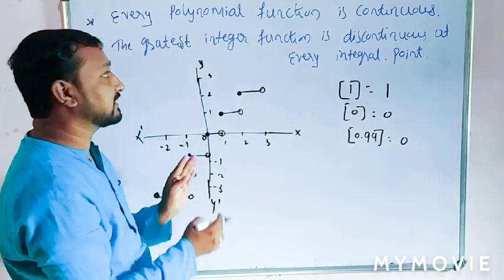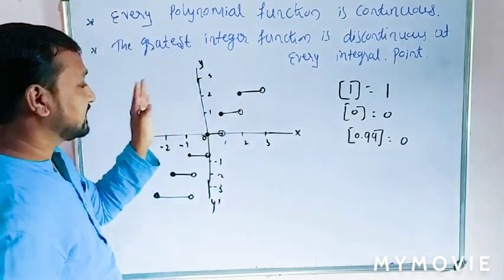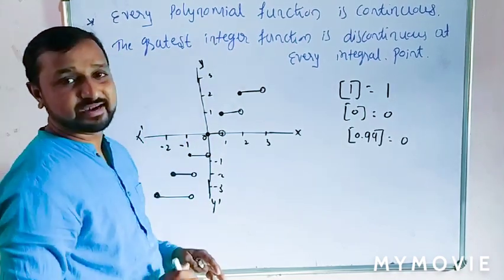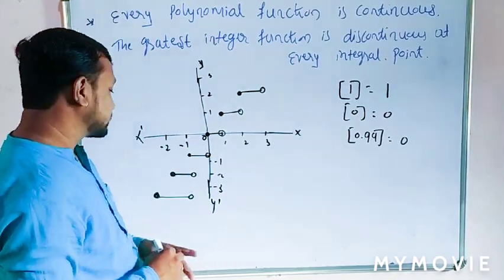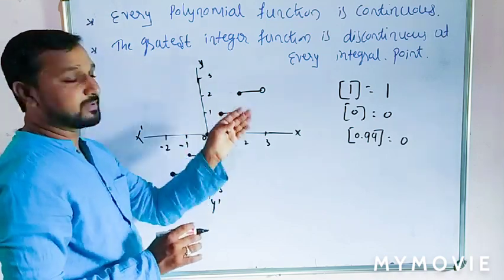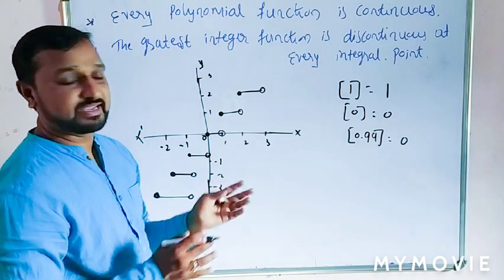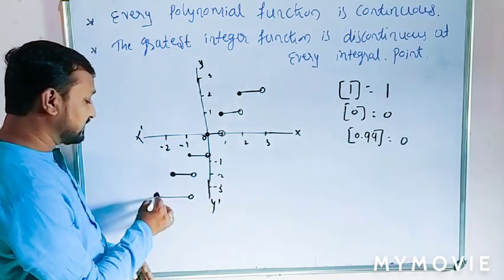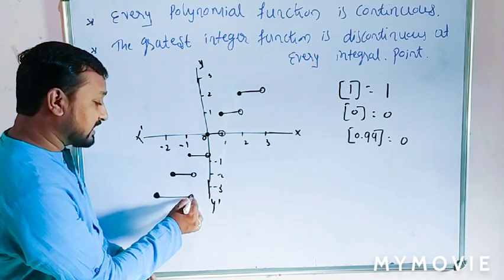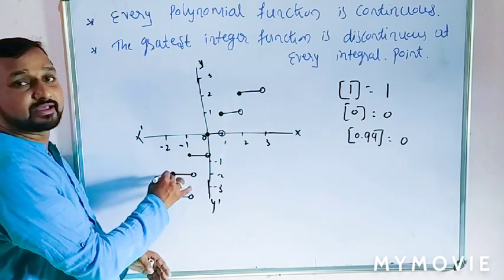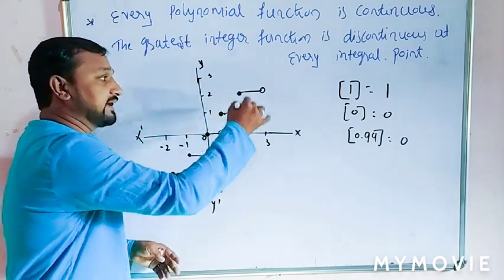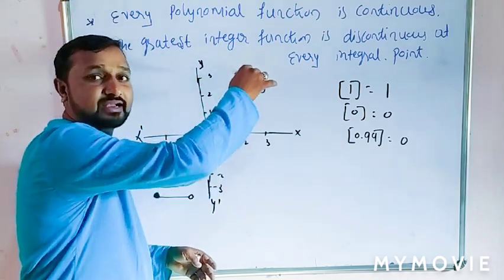So this is the graph of the greatest integer function that we already know. See, students, leave that derivation. Continuity means drawing without lifting the pen from the paper. Here I take the initial point, it ends, and again I lift the pen, draw again, lift the pen, draw again, lift the pen, draw again. Is that clear?